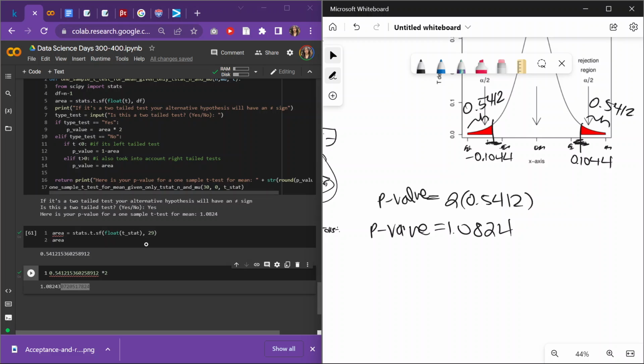But I'm just trying to figure out, let me think. 0.5412 is the area here, the cumulative density of this occurring until negative infinity. And same thing with this. And so the p-value is 2 times that because it's a two-tailed test. And so what does that mean?